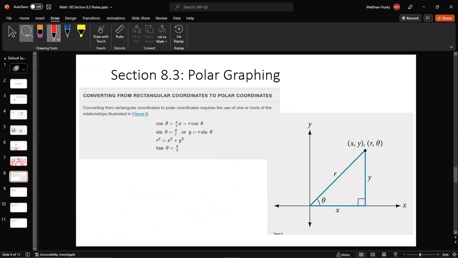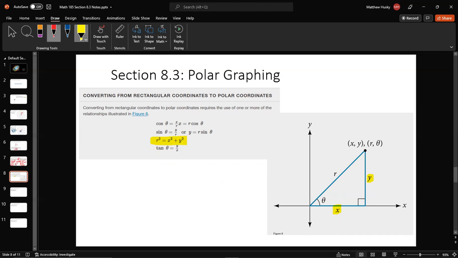So based on good old-fashioned Pythagorean theorem, the radius squared is equal to x squared plus y squared. So we could go between the two just by the fact that r squared is x squared plus y squared.